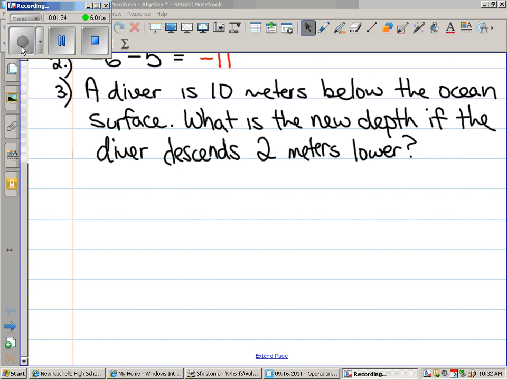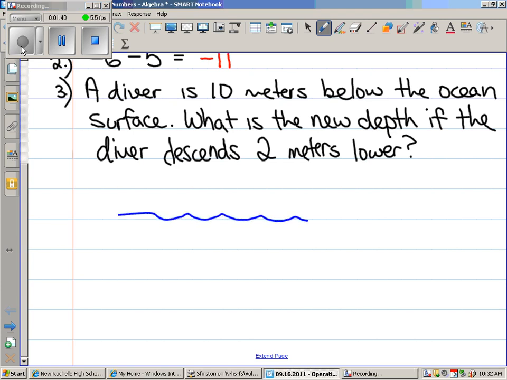A diver is 10 meters below the ocean. Let's see if I can draw a diver. We got to give him some goggles.